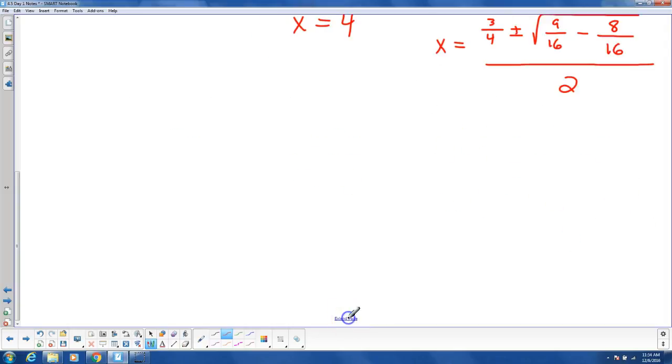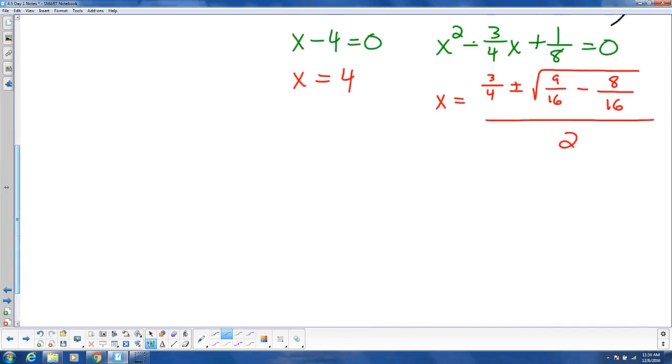9/16 minus 8/16 is 1/16. So this is 3/4 plus or minus the square root of 1/16 all over 2. Square root of 1 is 1.